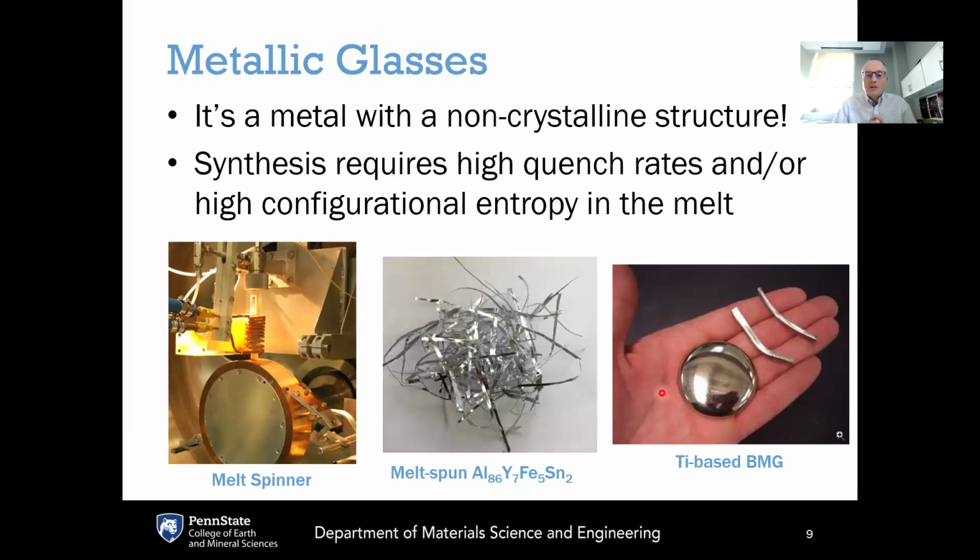What they all have in common is that the structure of the metallic glass is inherited from the structure of the melt. It's the liquid structure that has been frozen in without crystallization. And if there's no crystal structure, that means that there's no crystalline defects. So there's no vacancies, there's no dislocations, there's no grains, there's no grain boundaries.